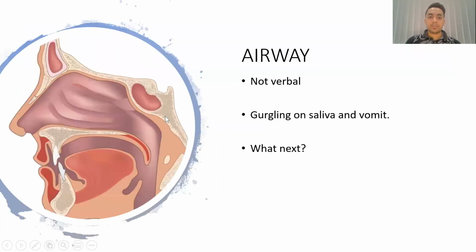Okay. So now, when you assess the airway, you have to make sure that the patient is able to speak. In this scenario, the patient is not verbal because the patient is unconscious after they have vomited. Here the patient is gurgling on saliva and vomit. So what would you like to do next in this case?